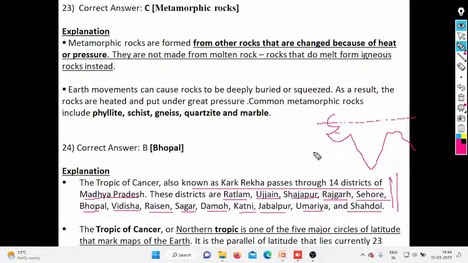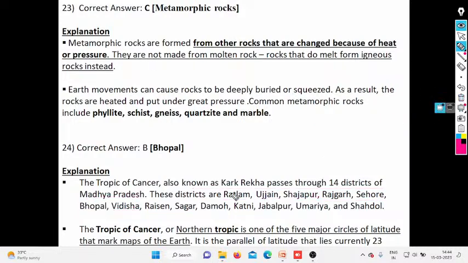The Tropic of Cancer, or the Northern Tropic, is one of the five major circles of latitude that mark the Earth.